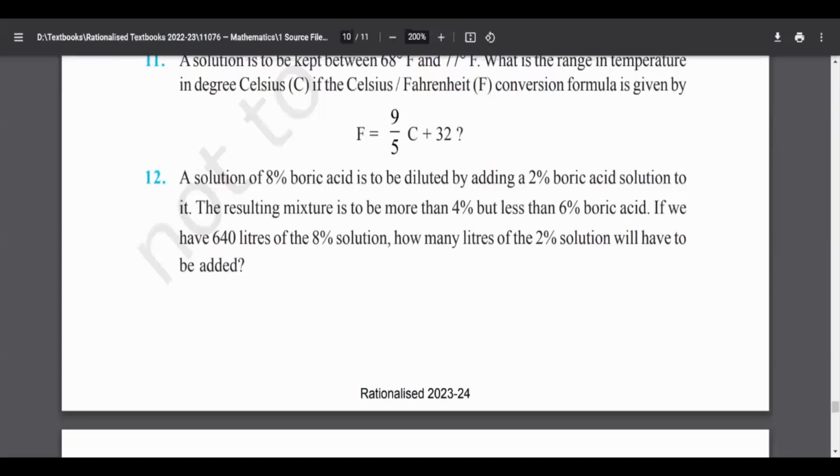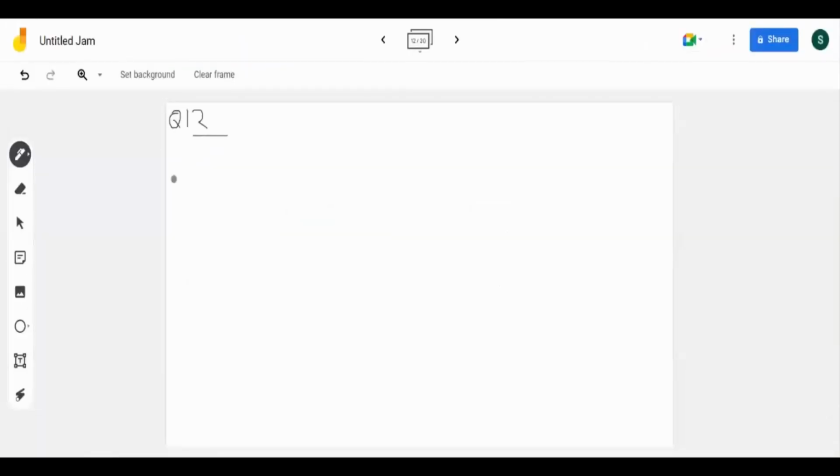This includes some chemistry. 8% boric acid is simply 8/100 of the total solution in liters. Let us first see what we have to find: how many liters of 2% solution to be added. So let x be the 2% boric acid solution in liters.